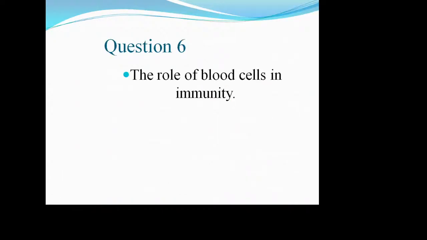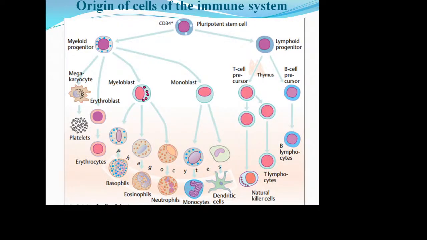Then we should talk about the role of blood cells in immunity. Blood cells take a great role in immunity. All blood cells arise from one pluripotent stem cell that develops into myeloid progenitor or lymphoid progenitor.